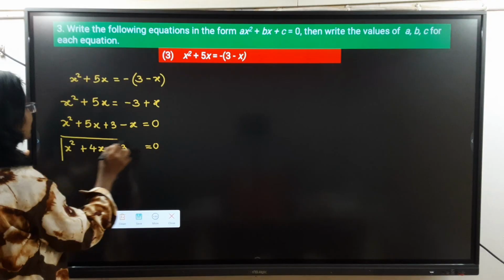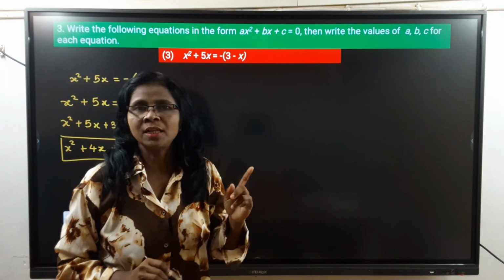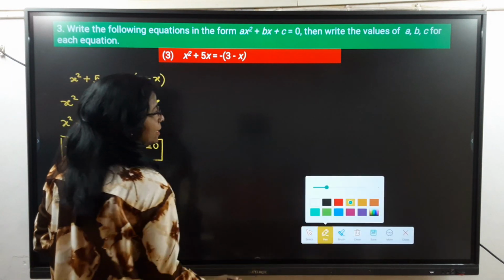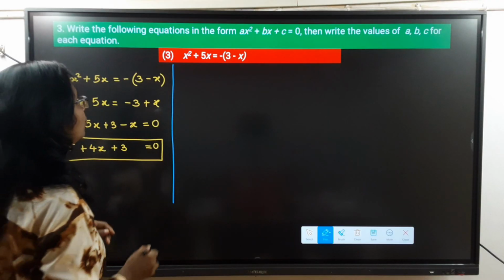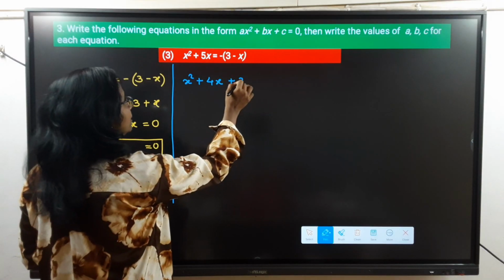So now here, students, this is the equation and it is in the ax square plus bx plus c is equal to 0 form. Now the next part is finding out the value of a, b, c. So here we say that x square plus 4x plus 3 is equal to 0.